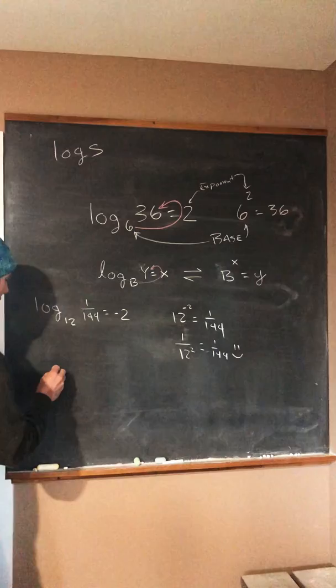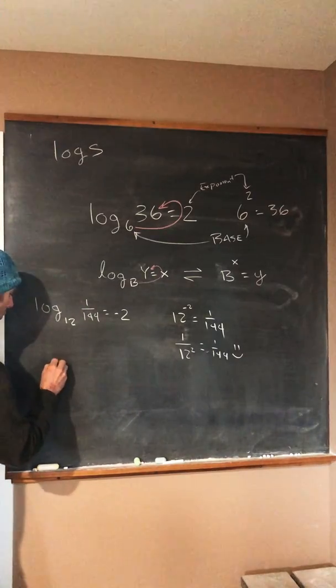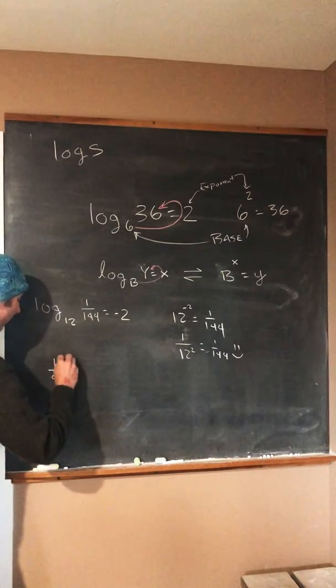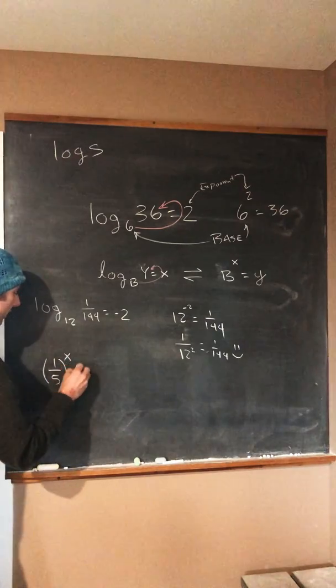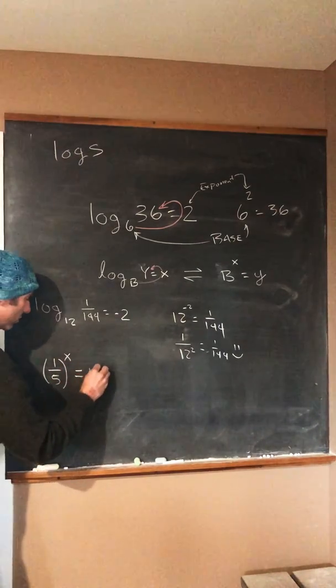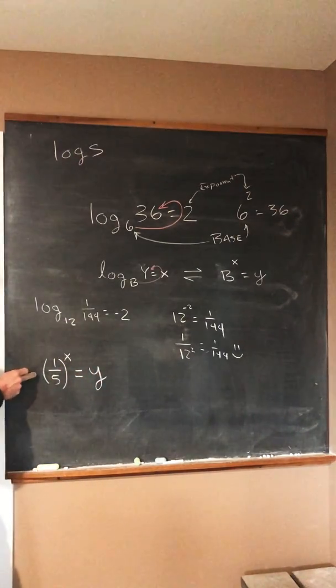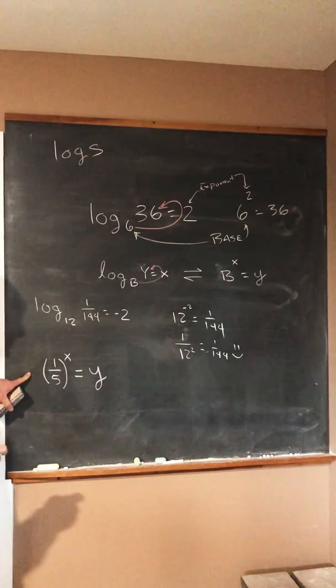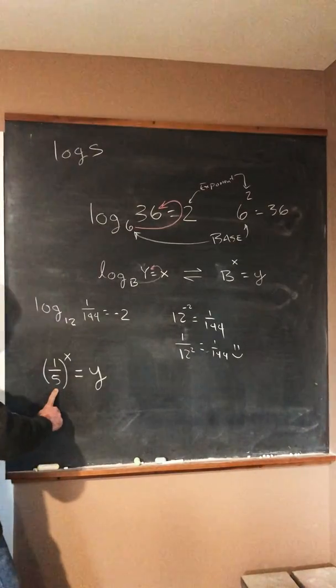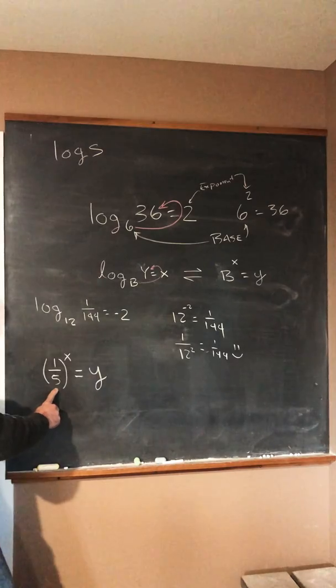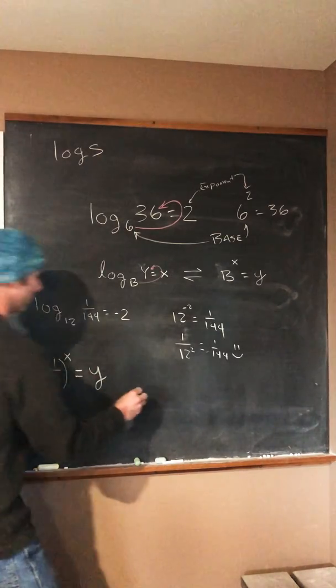Now let's try to go the other way around. So how about this one instead? 1 over 5 to the x equals y. I want to write this in the log way. So base, argument, exponent.